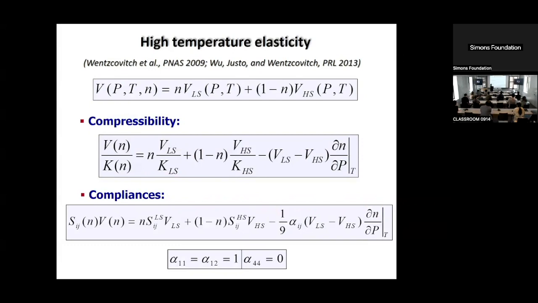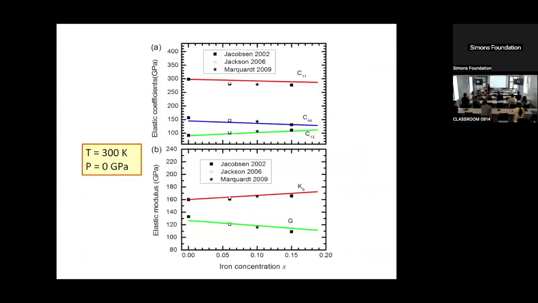Epsilon 4, a shear strain, does not change the volume of the structure in first order. Therefore, for S44 or C44, this term is 0. So this simple analysis shows why Brillouin scattering was the technique that was getting these elastic coefficients right.